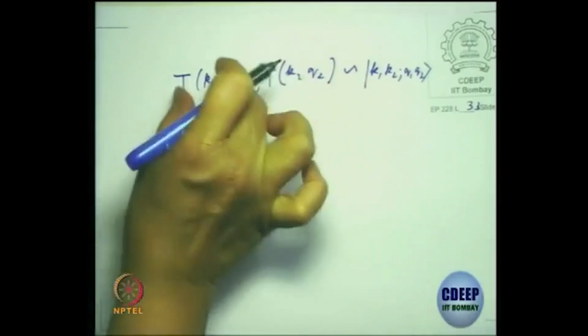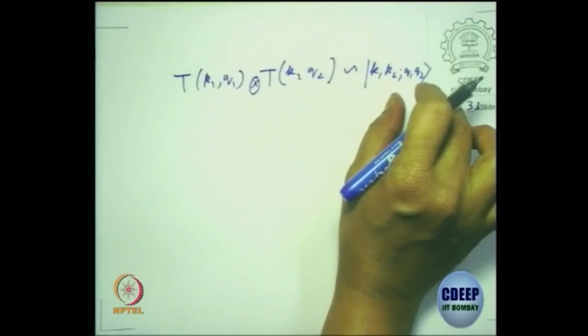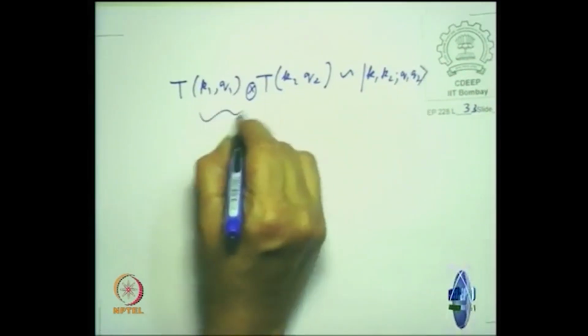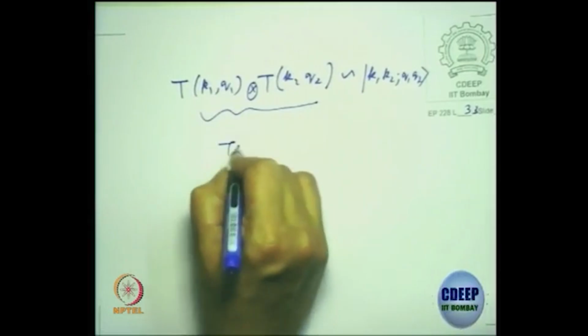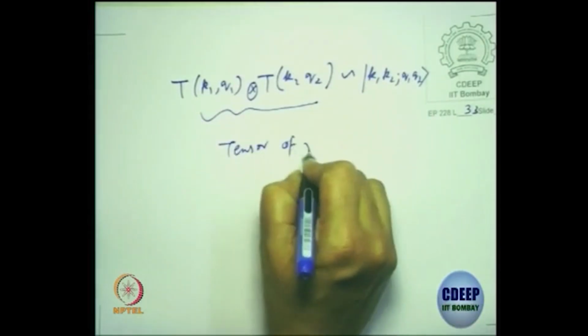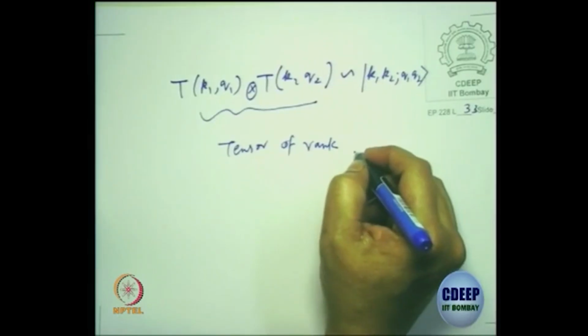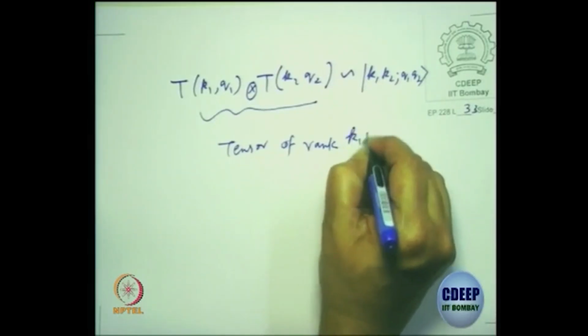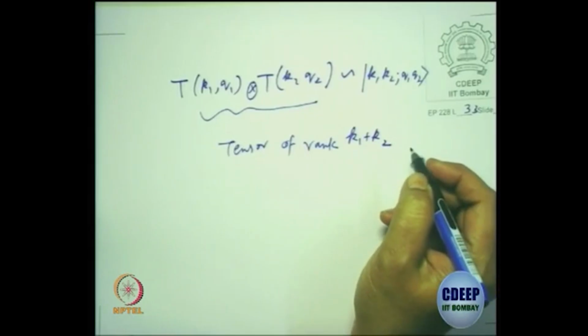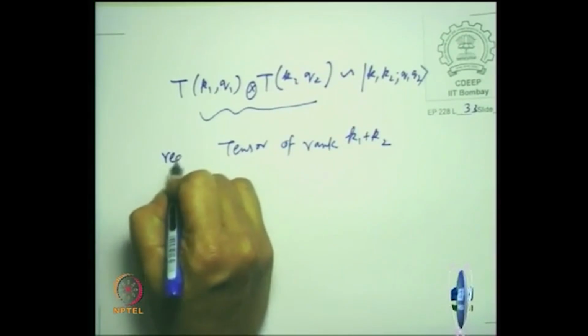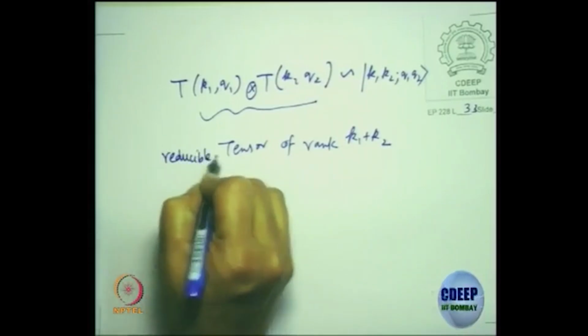But you should know that these are operators, these are states, okay. That similarity tells you that this dimensionality of this will give you a tensor of what rank? So 1, k1 plus k2 formally, right, but it will be a reducible tensor.